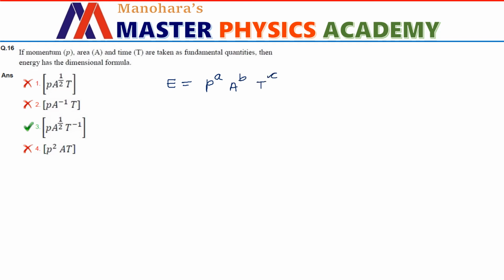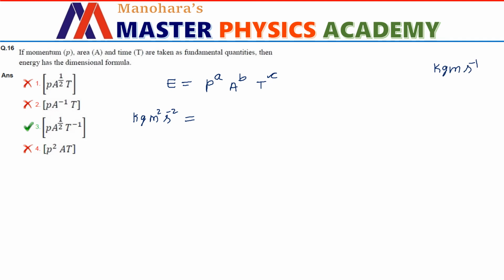So let us go with the basic physical quantities or the dimensions here. I will just take the basic physical quantity, which is easy to memorize and recall. So energy means kg meter squared per second squared. Momentum is mass into velocity, which is kg meter per second.